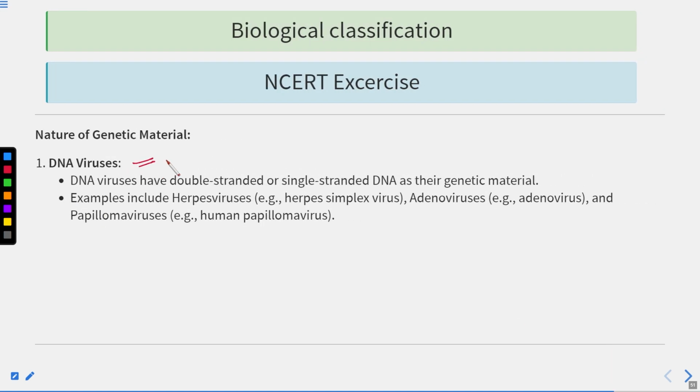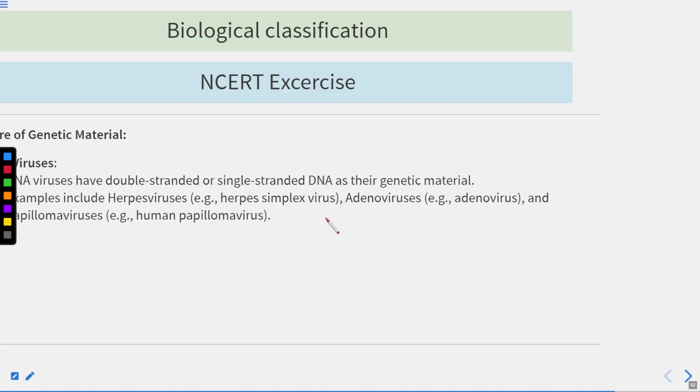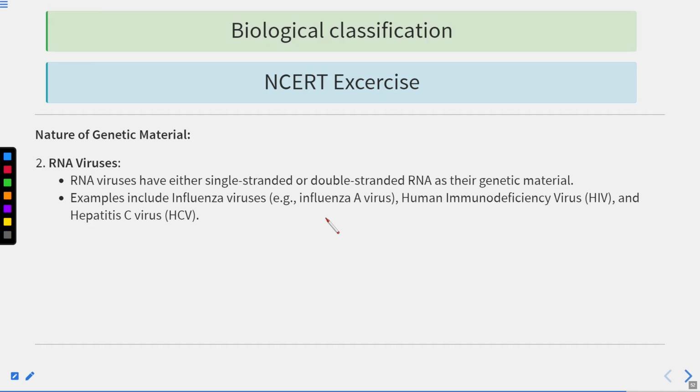DNA viruses have double-stranded or single-stranded DNA as their genetic material. Examples include herpes simplex virus, adenovirus, and human papilloma virus. If we talk about RNA viruses, they have either single-stranded or double-stranded RNA as their genetic material.